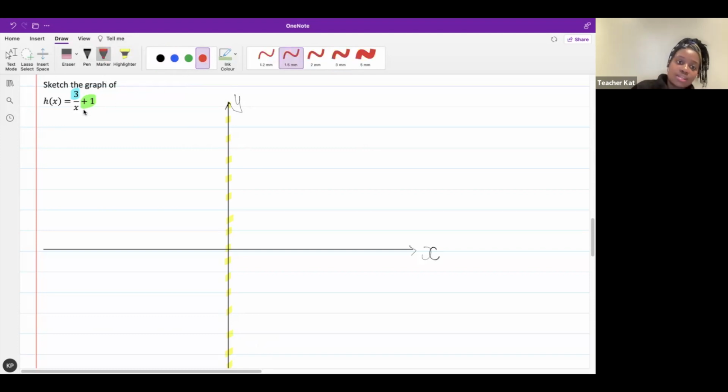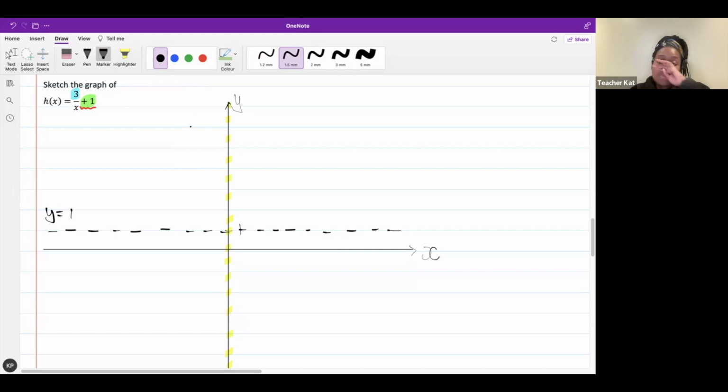Do you guys see this? That means my asymptote has moved up 1, which means it's over there. Okay, so I'm going to try and draw it as decently as possible. There we go. And then you write here that y is equal to 1, just so the teacher knows that this is your asymptote.